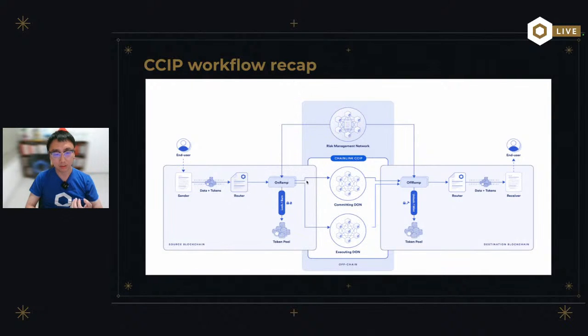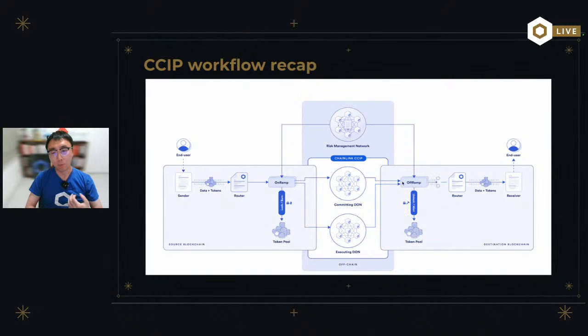event, and this event is kind of like a log in the smart contract. The data saved in the log will be detected by the committing DON. The committing DON will get the data and put it to the off-ramp, to the commit store.